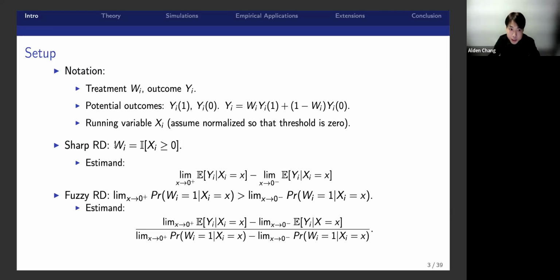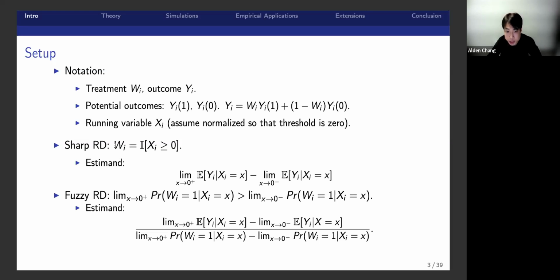So in a sharp RD design, the treatment effect is given by the difference in the conditional expectation functions of outcomes on the running variable as we approach the threshold from the positive side and the negative side. There are also things called fuzzy RD designs, in which case crossing the threshold doesn't change the probability of treatment from 0 to 1, but by a smaller value.